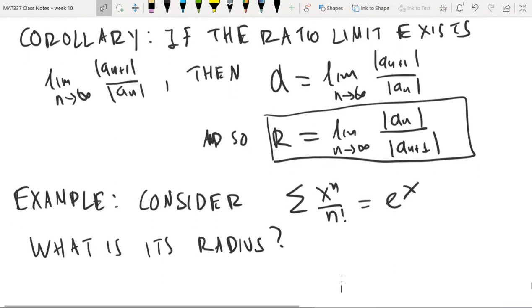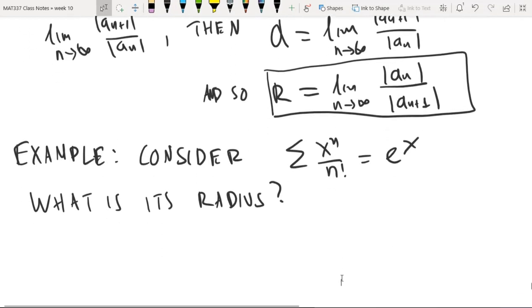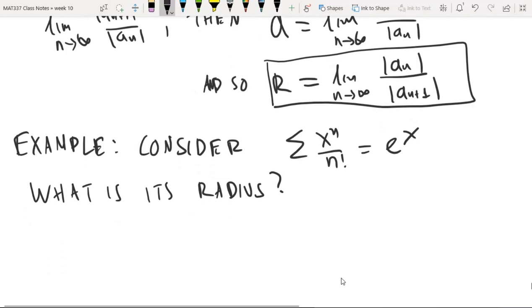We did this in the previous class, so we already found that R was infinity.